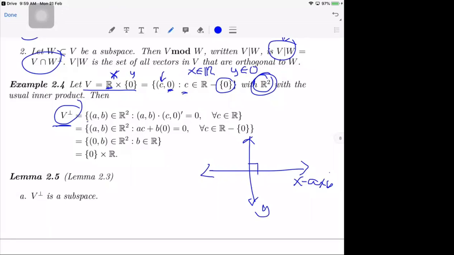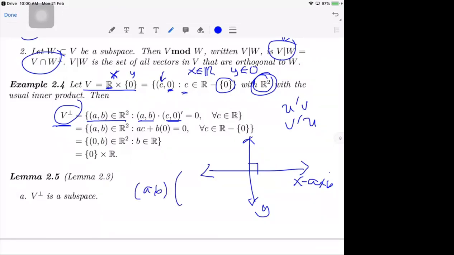So take any ordered pair in R, and take the inner product of it and this vector. The inner product is U prime V or V prime U.